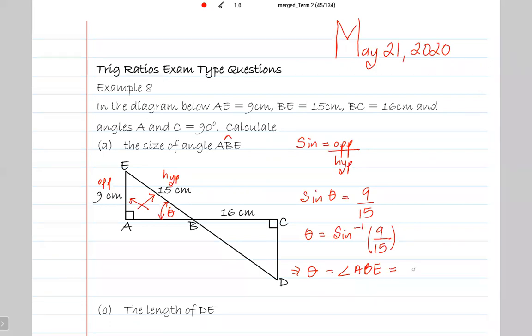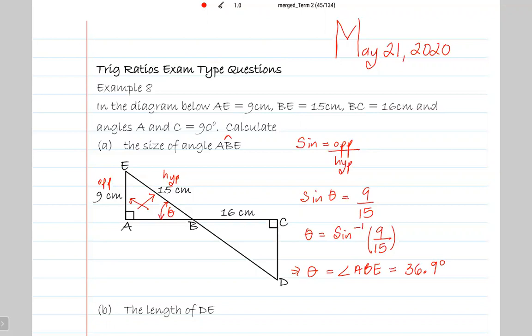The answer I got is 36.9 degrees, and this is to 1 decimal place, or to 3 significant figures. So the size of angle ABE is 36.9 degrees.